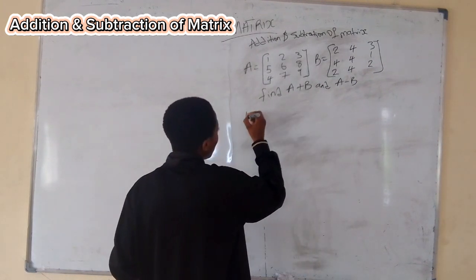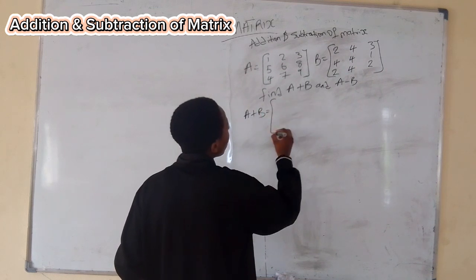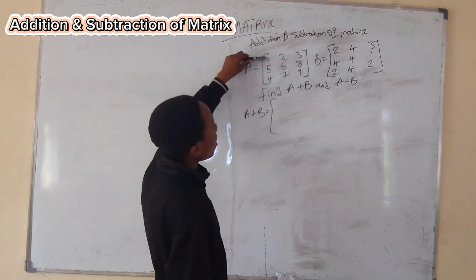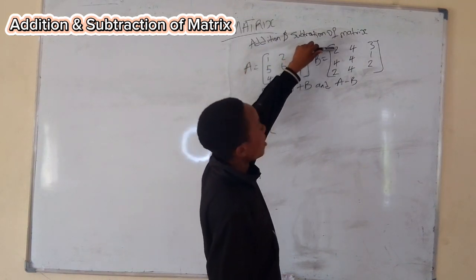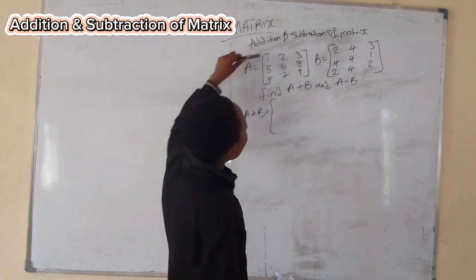So A plus B would be equal to. In addition, what you have to do is to add your A11 to the A11 in B, and add your A12 to the A12.